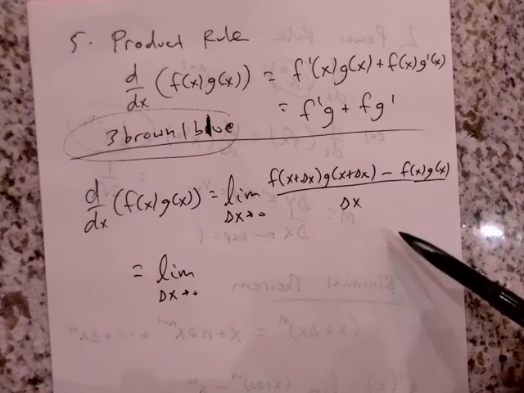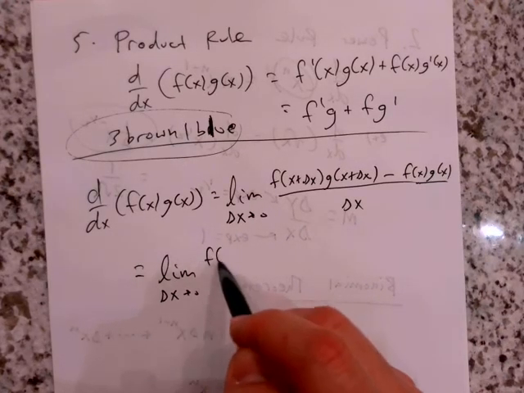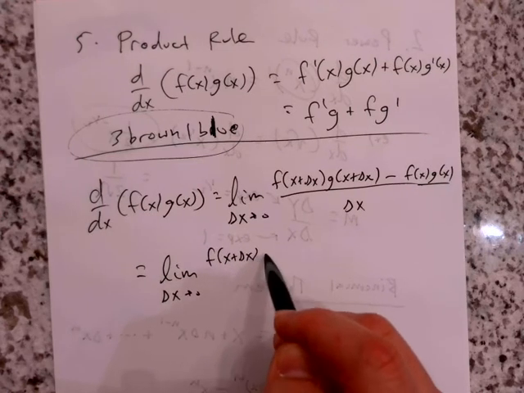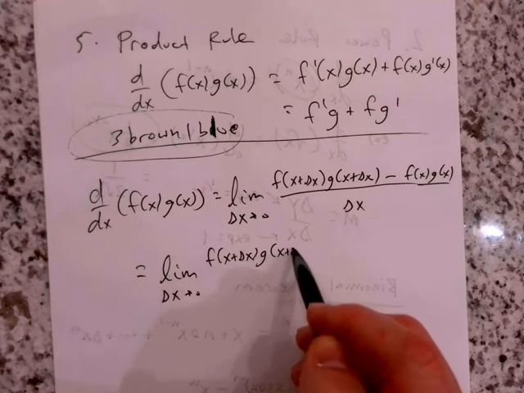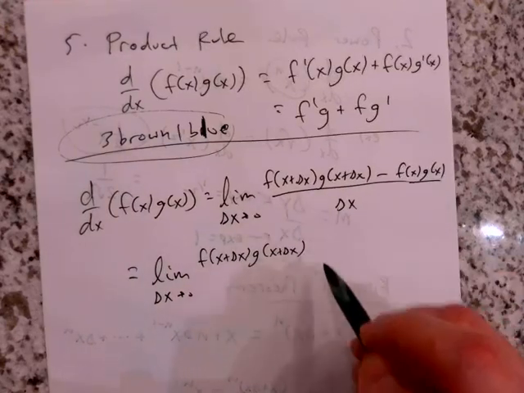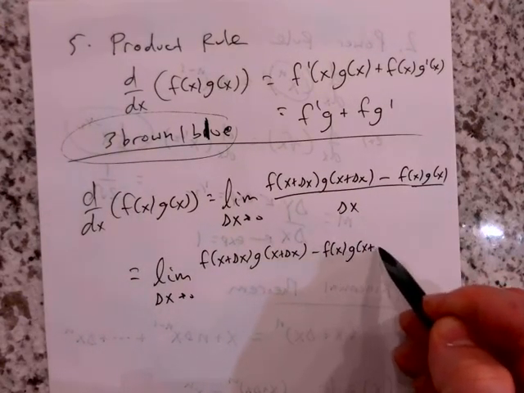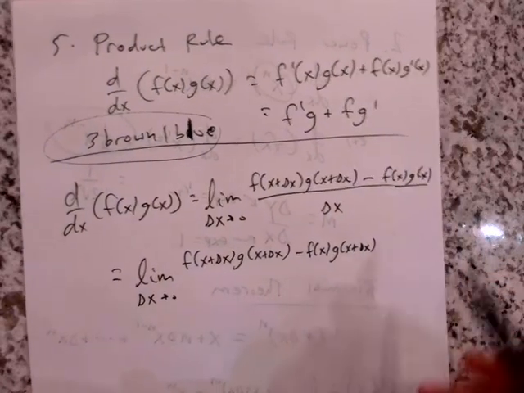You have to add and subtract the same term. And the term that we are going to add and subtract will be f of x times g of x plus delta x. So we'll subtract it down here, and then we'll add it right next to it.